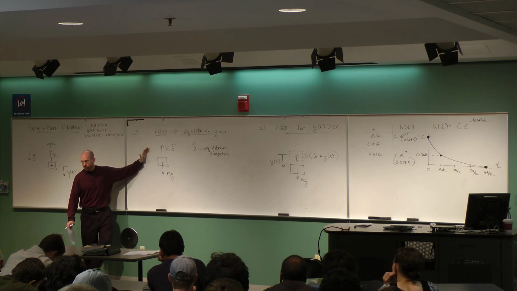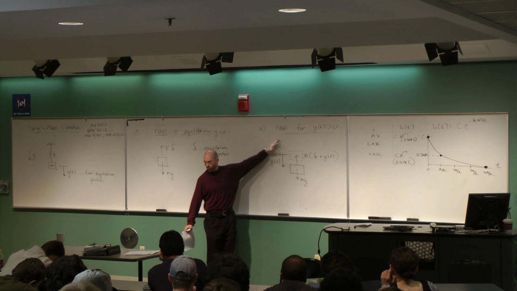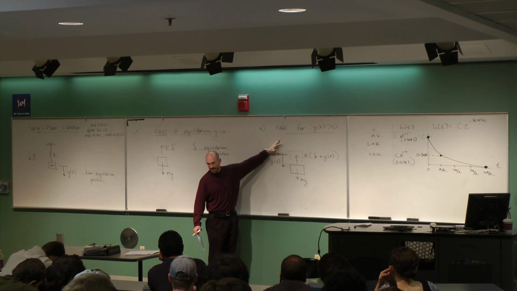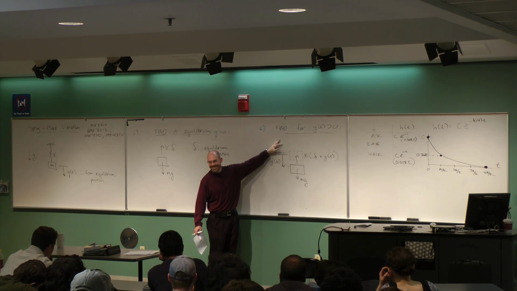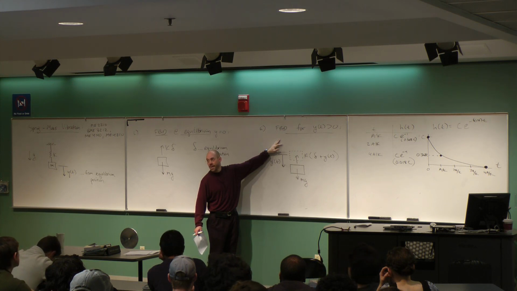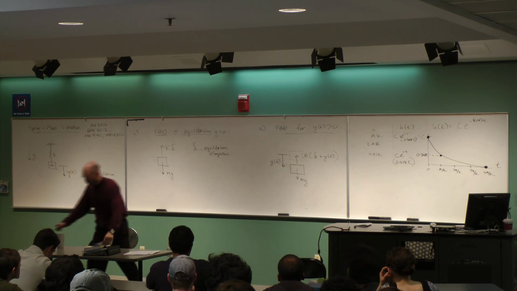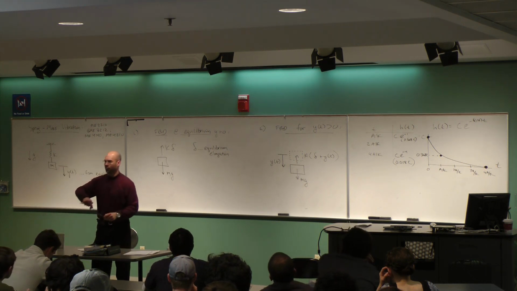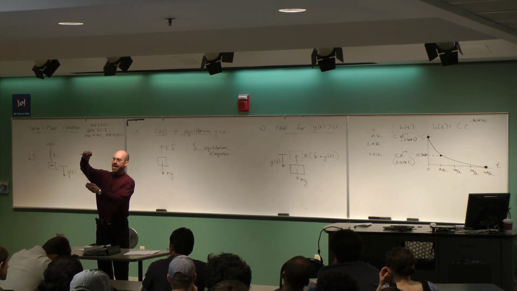Zero? This is equilibrium. When I add up these forces, should I get 0? More than 0? Okay. Do I know what it has to be equal to based on some law of physics? When something's not in equilibrium and I add up the forces, what do I get? ma.